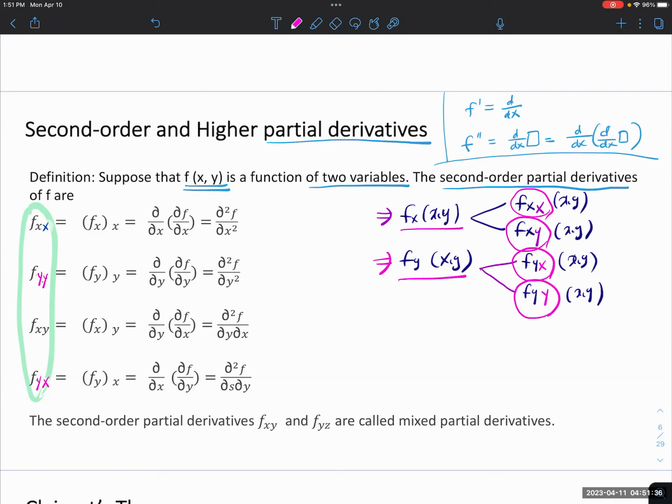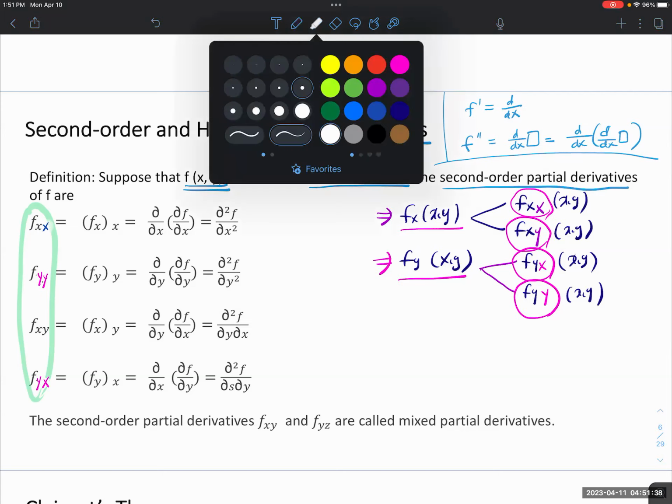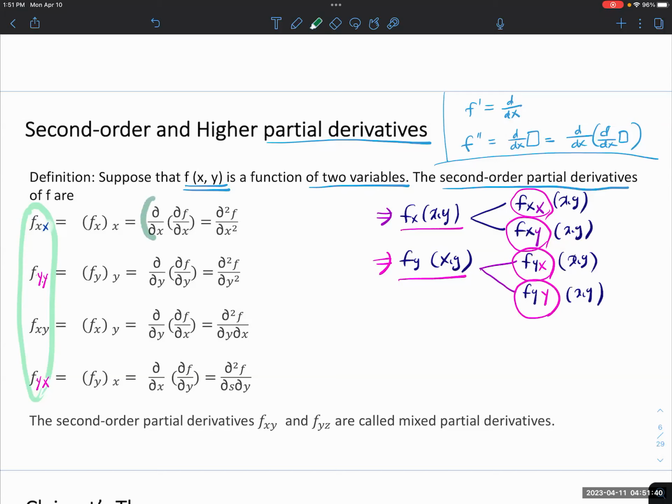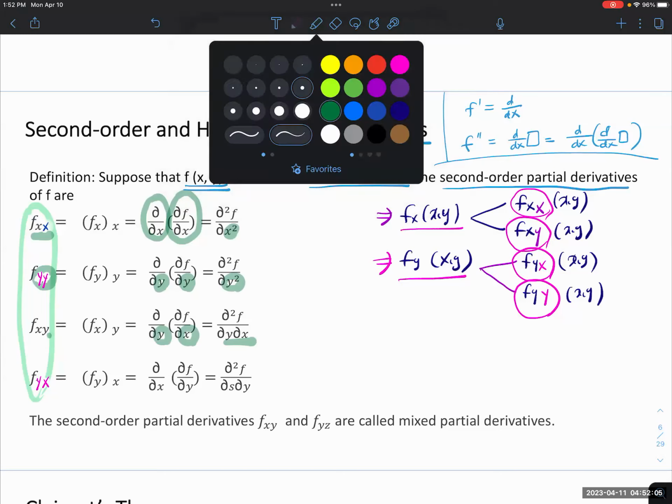Mathematically, it's the same thing. We already took the partial derivative with respect to x, and we're going to take one more partial derivative with respect to x, so we get xx. For the second one, y, it's going to be yy. Or you took y already, and the next one is x, so yx. Actually, this one I have to change the order; this is not the nicest order.